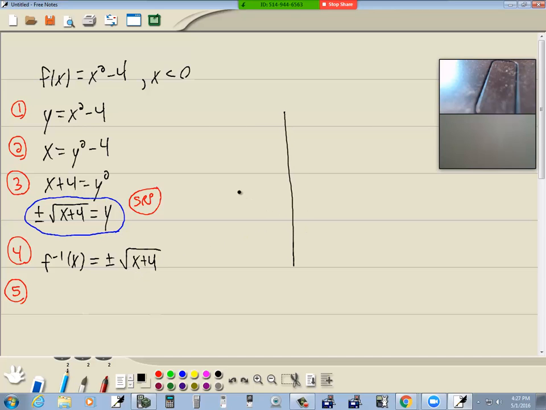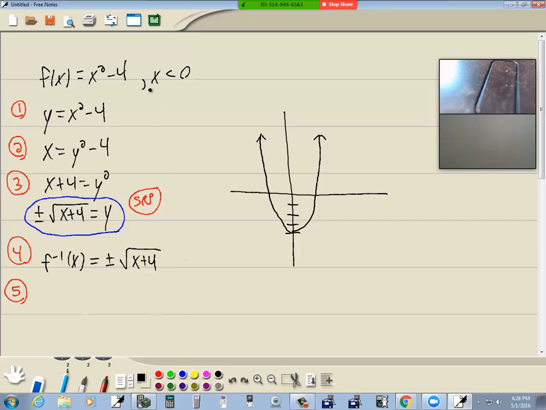So let's look at our graph first. We got x squared minus 4. The minus 4 means I'm shifted down 4 units. And so our graph would look like this, more or less.